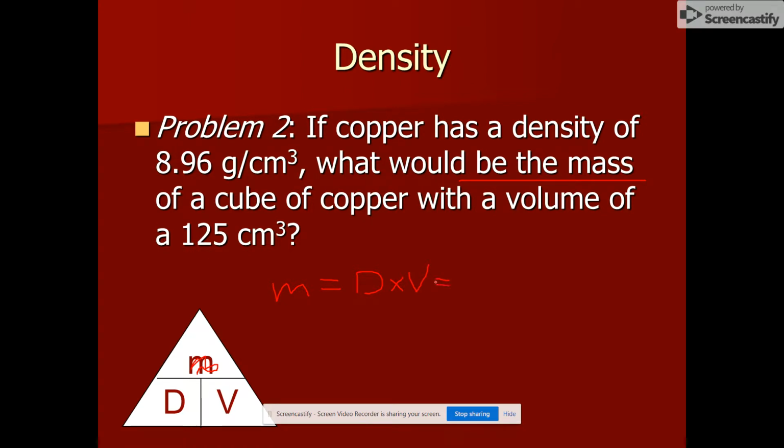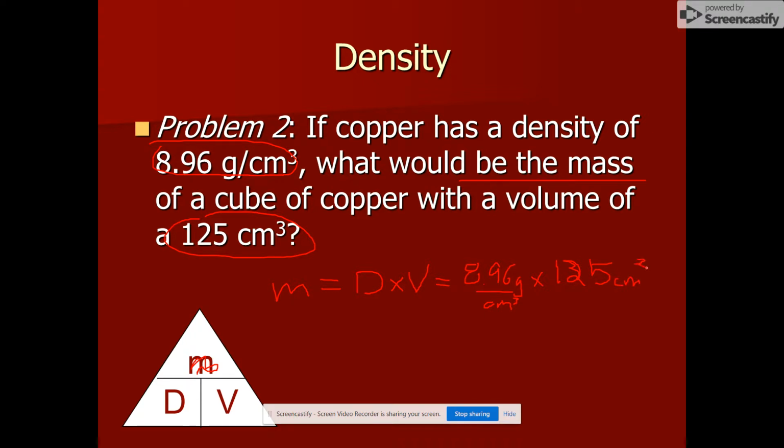So I'm going to have my density. It tells me the density is 8.96 grams over centimeters cubed. The centimeters cubed can go on the bottom because it's being slashed. And I'm going to multiply that by my volume. It tells me the volume is 125 centimeters cubed.